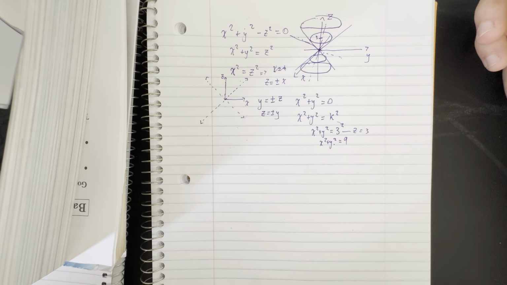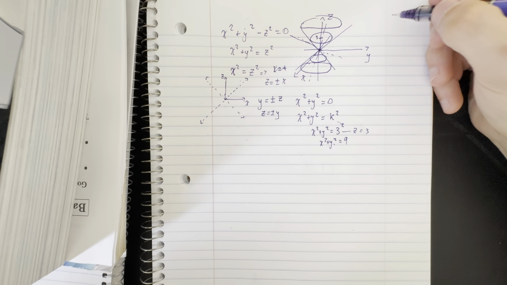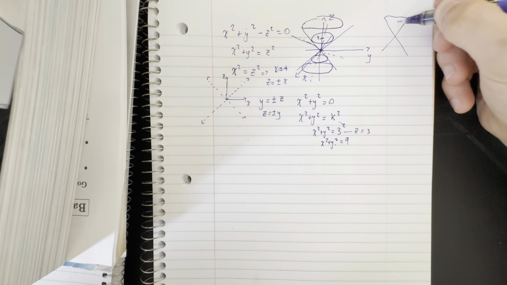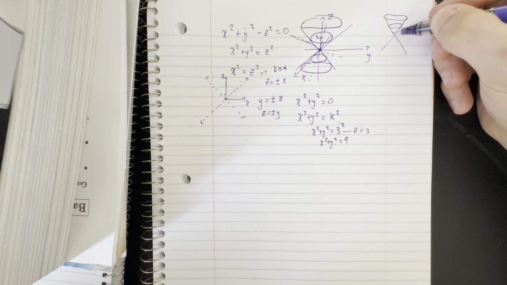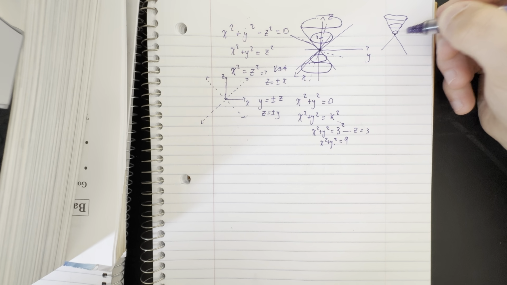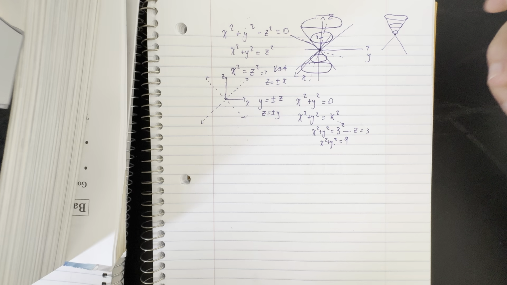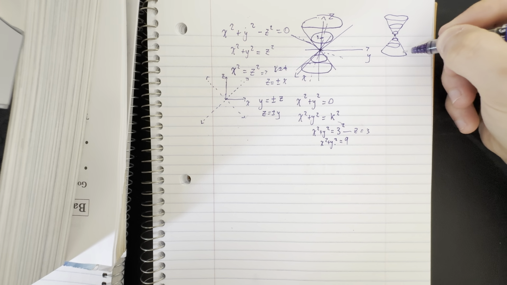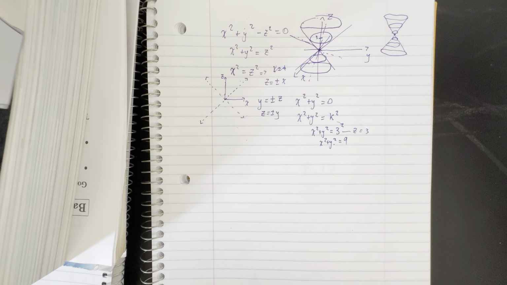And what this looks like is just a cone. It's a cone that goes like this, and it has these circular cross sections. It goes down to a little point, which is the z equals 0 point we looked at earlier, and then it grows again, like that.